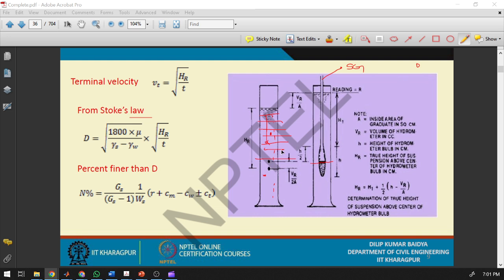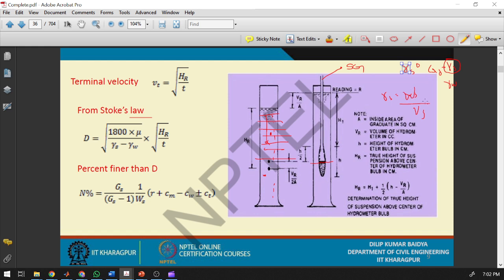So we are assuming that the specific gravity of all the soil particles is the same, okay? Which means that Gs is equal to gamma S by gamma W. Gamma S is the weight of solids over volume of solids.